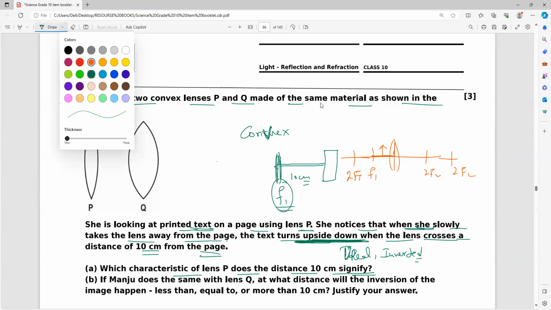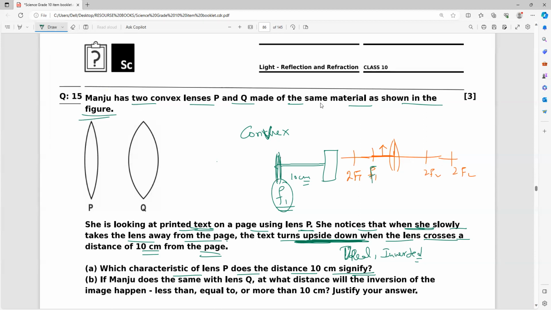As soon as the object crosses the focal length, the image forms at infinity. Then if you keep moving the object, the image forms here, real and inverted. So 10 centimeters is indicating what? Which characteristic of lens P does the distance 10 centimeters signify? Focal length.